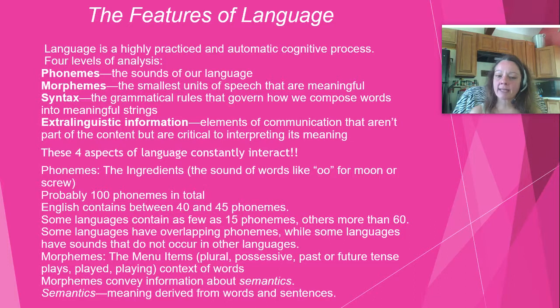So you have to think how we make words plural, we can make them singular, make them possessive. Words can represent past tense, future tense, present tense, and it just depends on the context of that information that we're conveying.